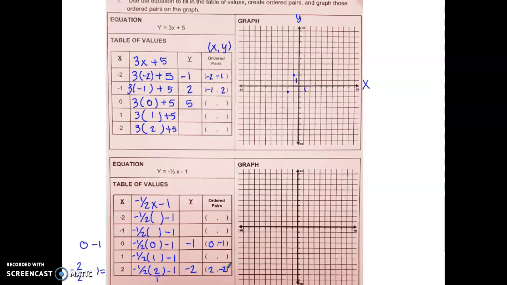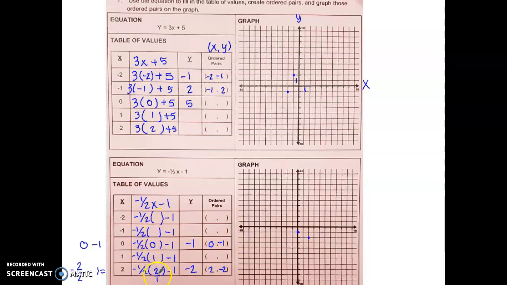I'll help you plot them. 0 comma negative 1. So I'm not going to move along the x-axis because it's a 0, and then negative 1 on the y. 2 comma negative 2, so I'm going to go 1 and 2, and then down 1 and 2. Go ahead and fill in the rest, and I'll let you finish this page.